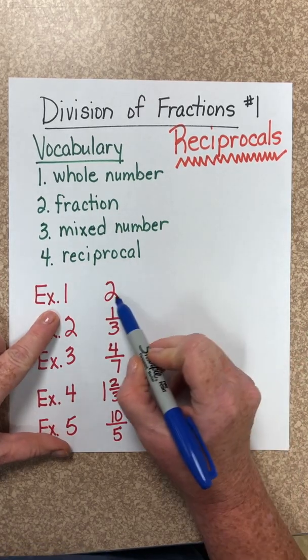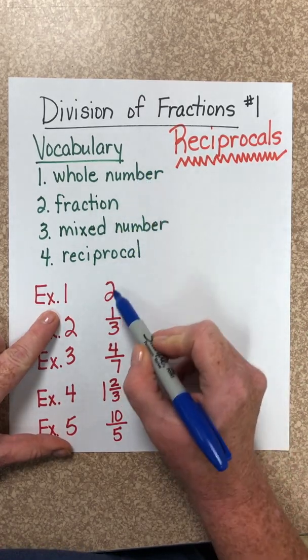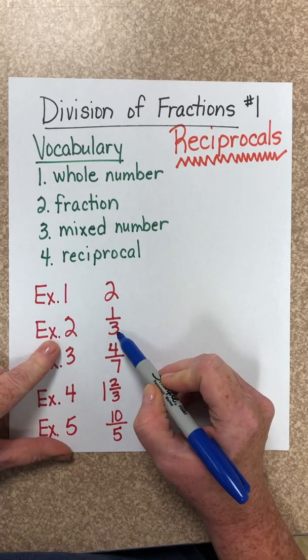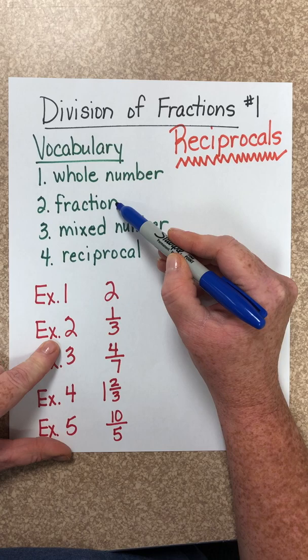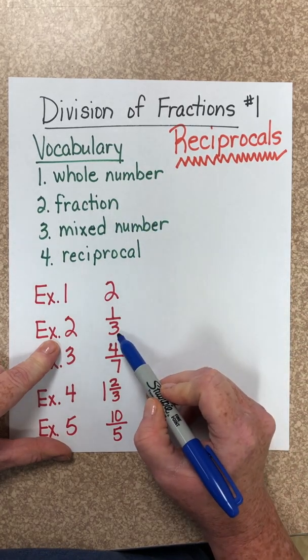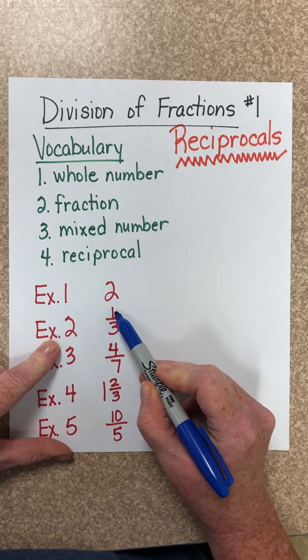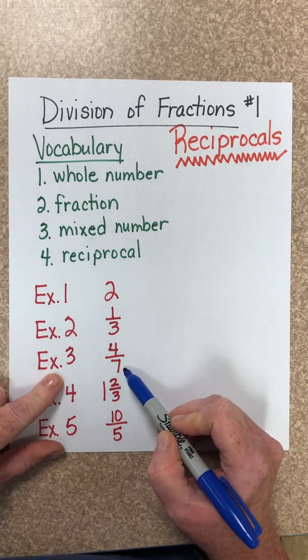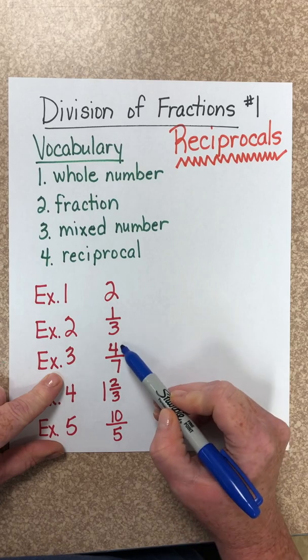First example is the number 2. That's a whole number. Second example, 1/3. That's a fraction. And we've already talked about today that it is a unit fraction because the numerator is a 1. The third example is a fraction, but it is not a unit fraction because the numerator is not a 1.